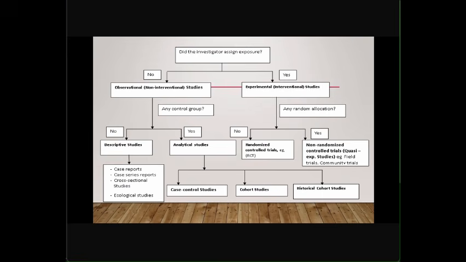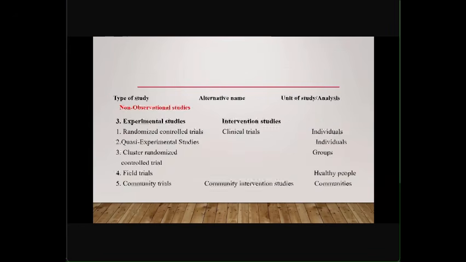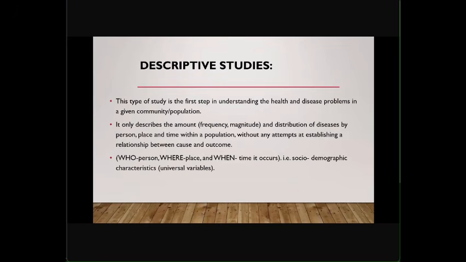Among the analytical studies, the highest in ranking is cohort studies, then the historical cohort, then case control, then descriptive studies, such as cross-sectional studies. Now, let's look at the descriptive studies.